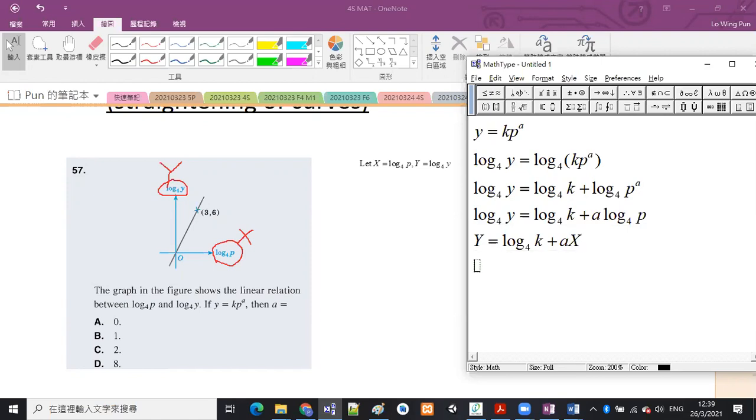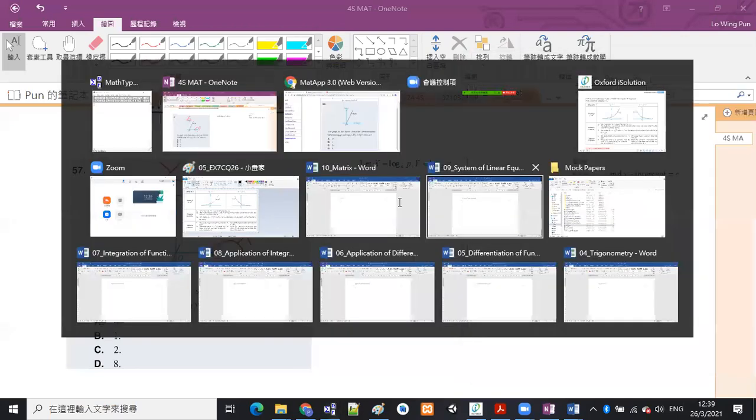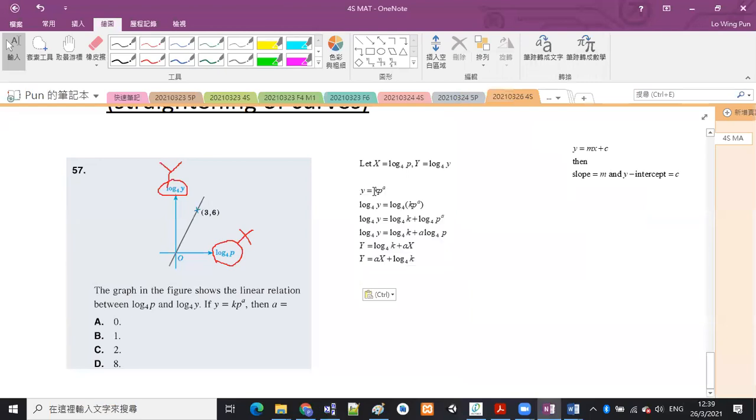So now it is in the form of y equals mx plus c. Let me copy paste it here first. Y equals mx plus c, where the slope should be equal to a, and the y-intercept should be equal to log k base 4.